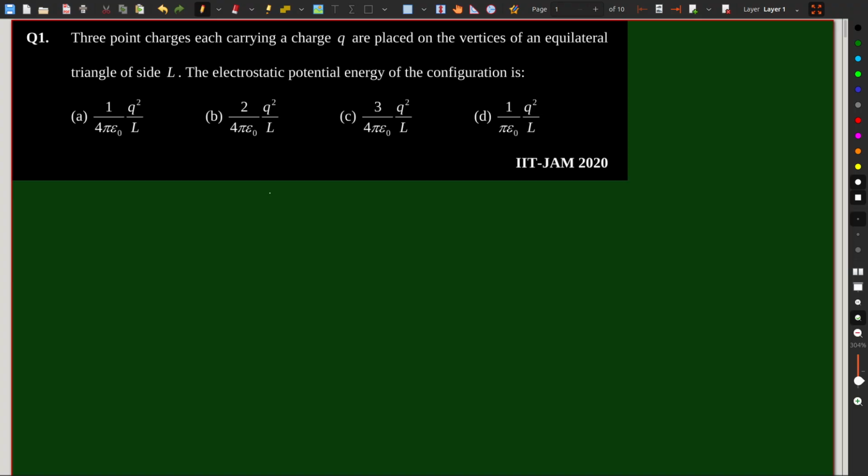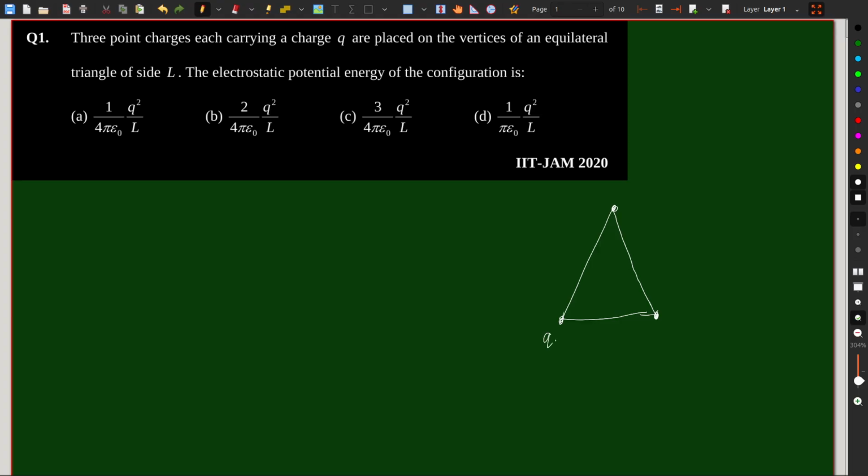So let's get started. The first question: there are three charges placed on the vertices of an equilateral triangle, and we have to calculate its electrostatic energy.